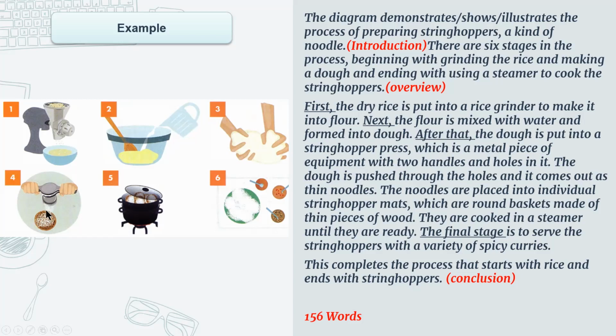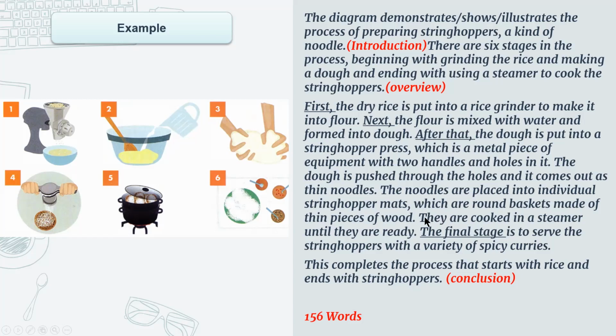You push the dough, not the rice, actually the dough, through the holes, okay, and it comes out as thin noodles. The noodles are placed into individual string hopper mats. This is called a string hopper mat, which are round baskets made of thin pieces of wood.